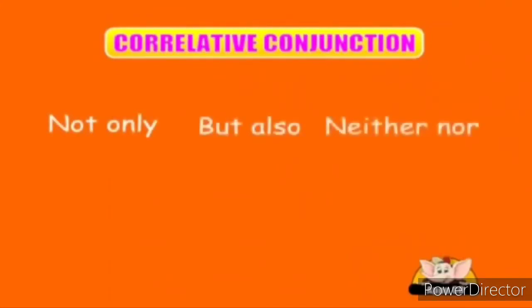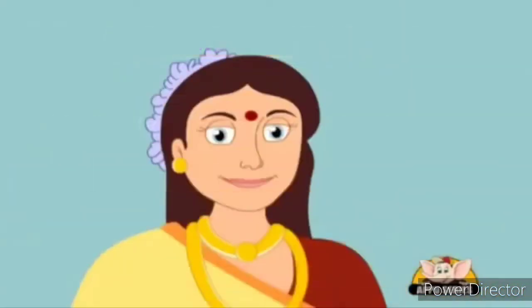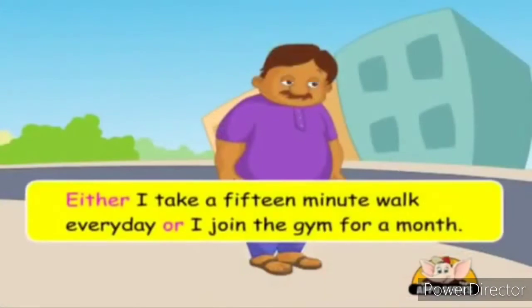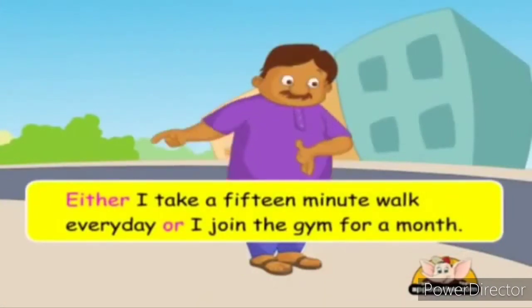Some examples of correlative conjunctions are not only, but also, neither nor, either or, not but. Let's see how they are used. Either I take a 15-minute walk every day, or I join the gym for a month.